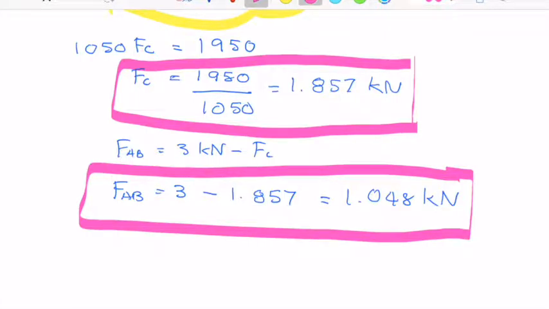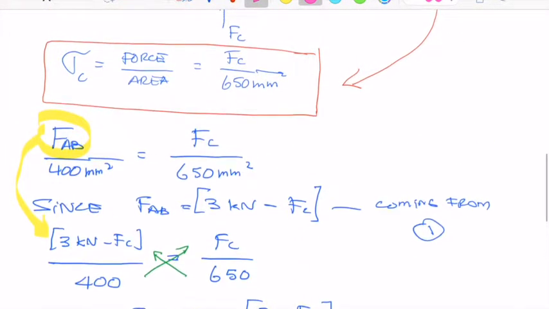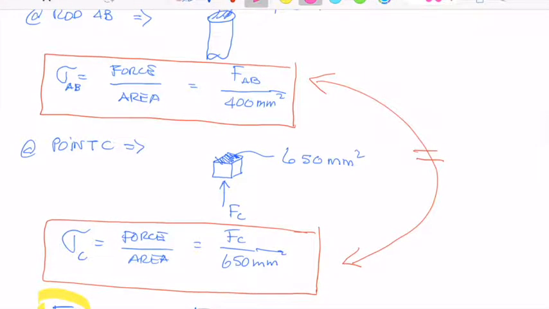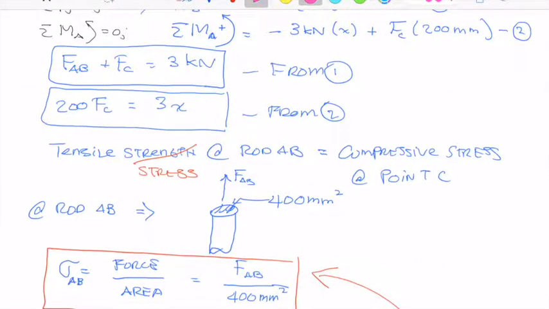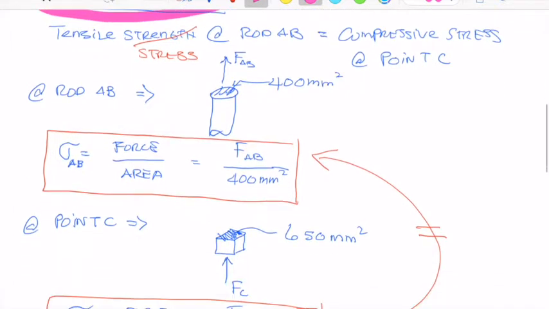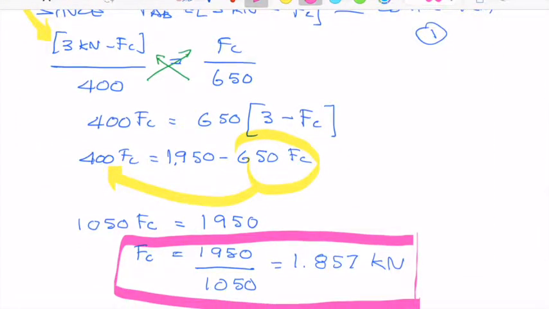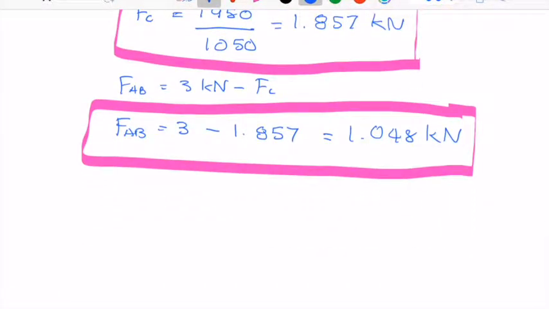Now, once we have that, we can go ahead and calculate the distance x, because we know from equation number 2 just now that 3x equals 200 FC.